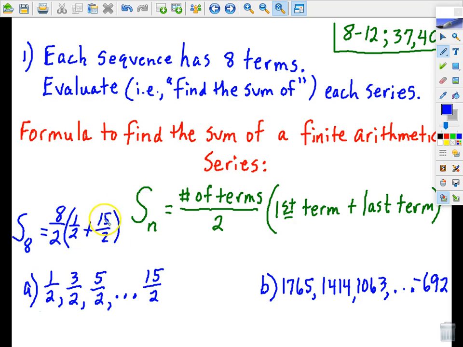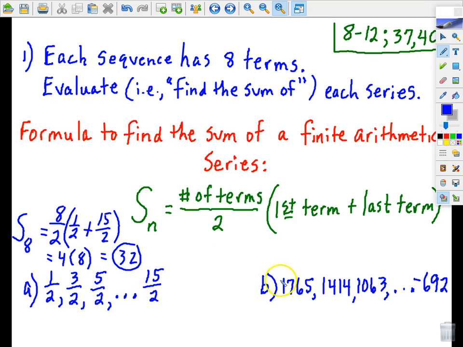In the parentheses, this would just be 16 over 2, which is 8. Outside the parentheses, 8 over 2, which is 4. So really all we're doing is multiplying 4 times 8. The sum of these 8 terms would be 32, and that would be my answer if this were a homework problem.